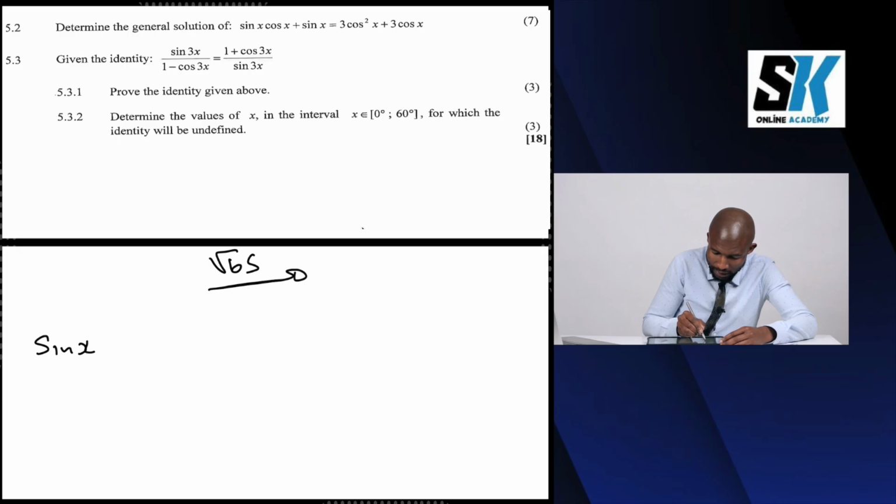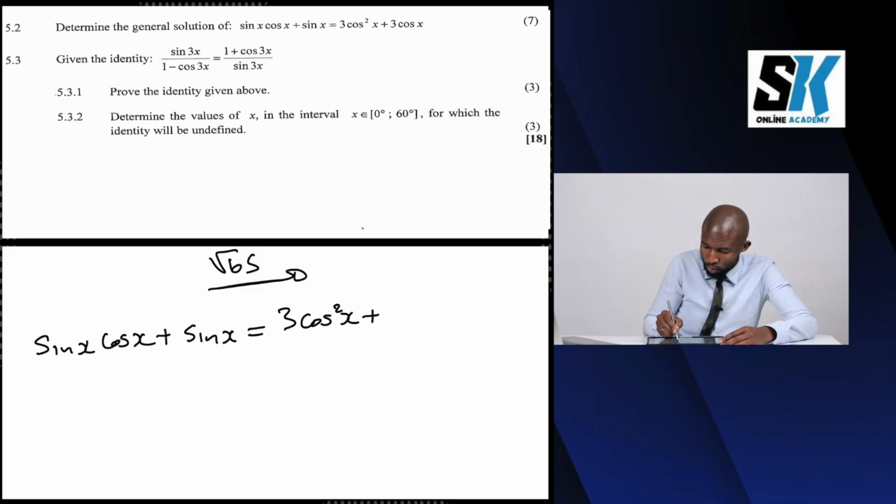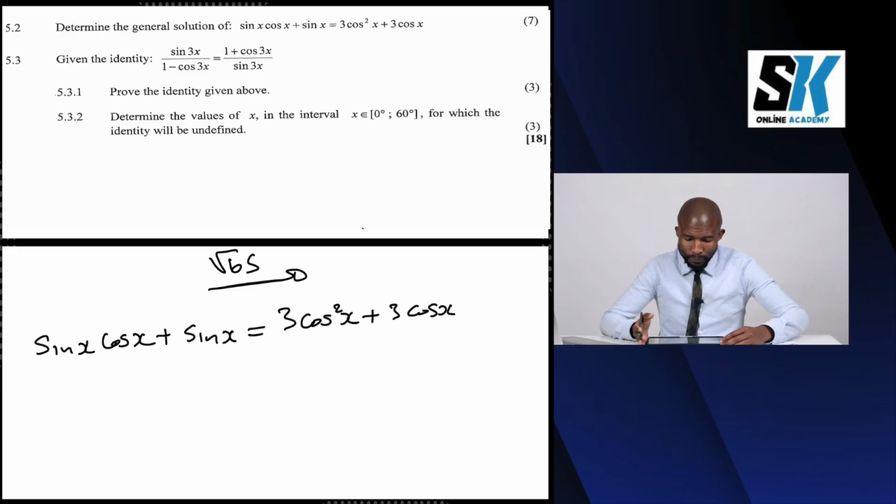You're given sin x times (cos x plus sin x) being equal to 3 cos squared x plus 3 cos x. So you need to find the general solution.